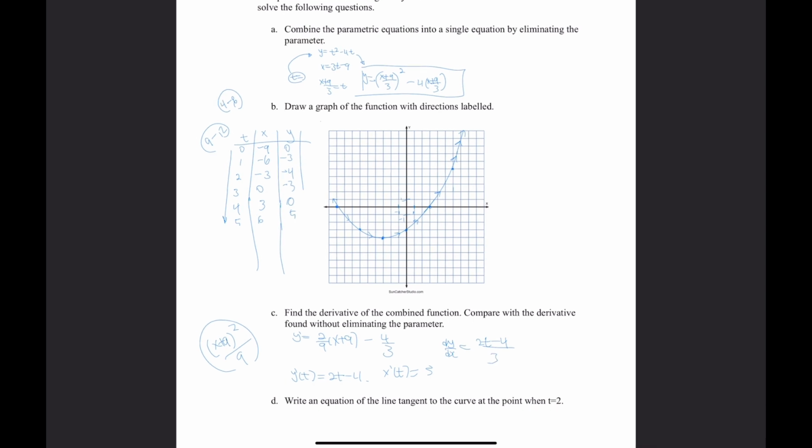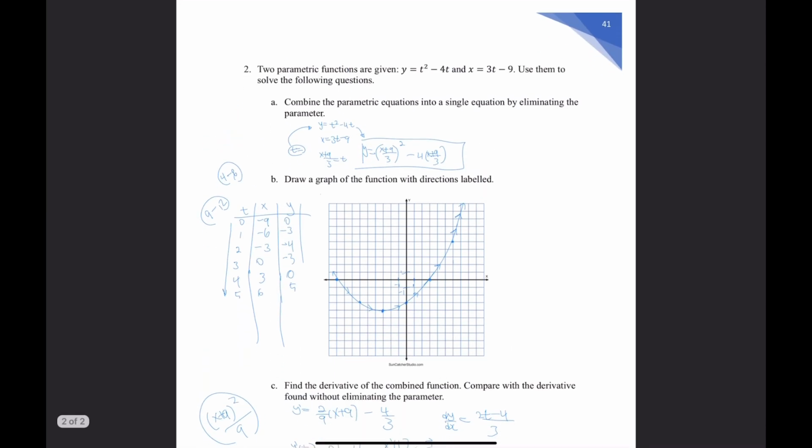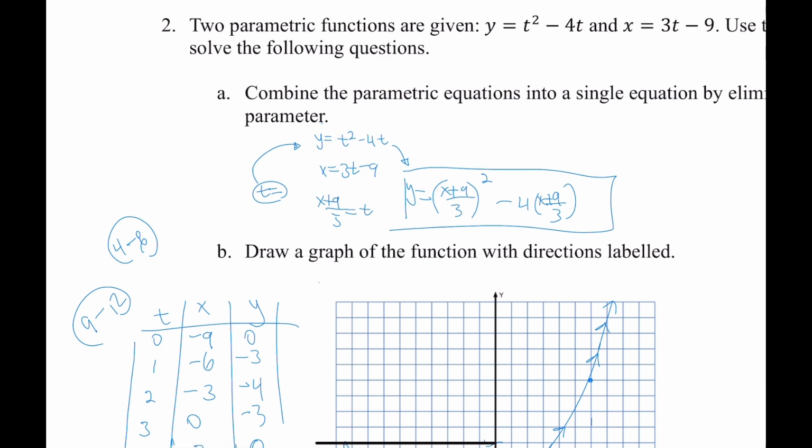And then we have a pretty similar shape, I would say. We also have a 4 over 3 in both of them, but we have a 2 over 9, and obviously we have t's in one and (x plus 9)'s in the other. But something we have to notice from part A is that t equals (x plus 9) over 3, right?